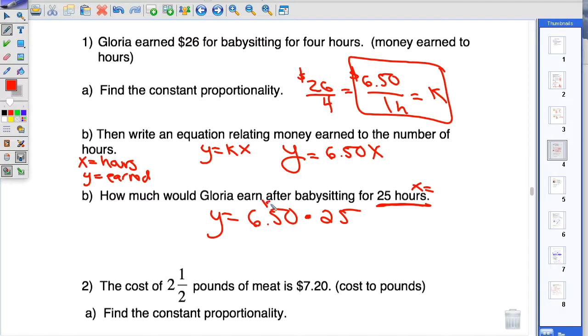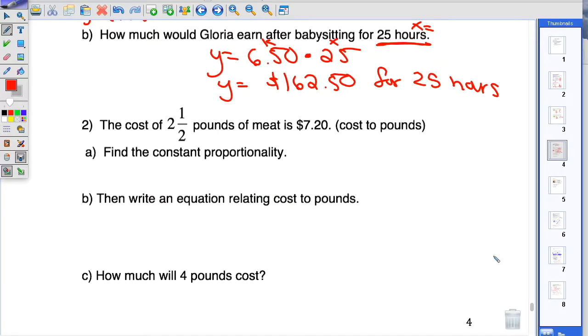Your hours is your x. So to get our y value, which is the money earned, we multiply $6.50 times 25, representing your hours, to give you $162.50. And that is for 25 hours of babysitting.